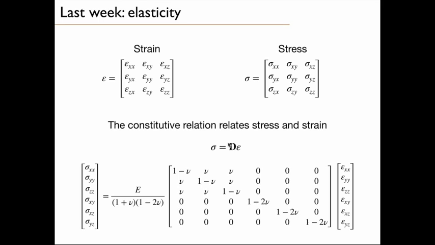This is the big D tensor, which for the case of linear elasticity can be written using the Voigt notation as a matrix here. So that's the relation between the components of the total stress tensor and the components of the total infinitesimal strain tensor using these coefficients.